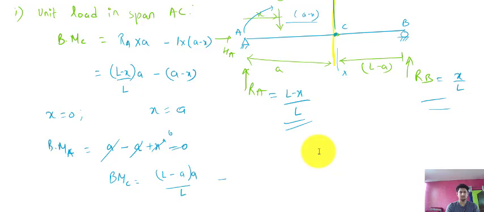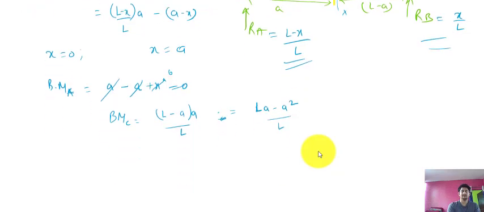So this term will be 0. Now the equation you can write down is (LA minus A square) upon L. Okay, so these are the two conditions you have got, when the bending moment is at A and when the bending moment is at C.